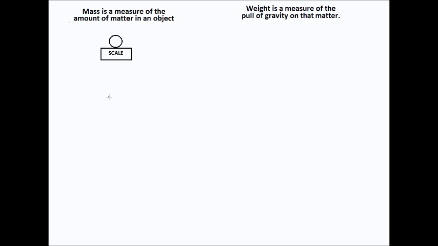One is a mass unit and one is a weight unit. Where this doesn't work is if you were to take this to the moon. Why? Because the moon has a different pull of gravity than the Earth does. And so that scale is not going to work the same on the moon as it is on the Earth.